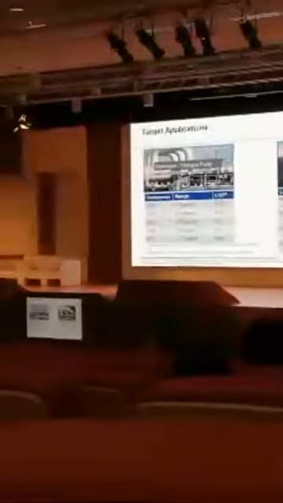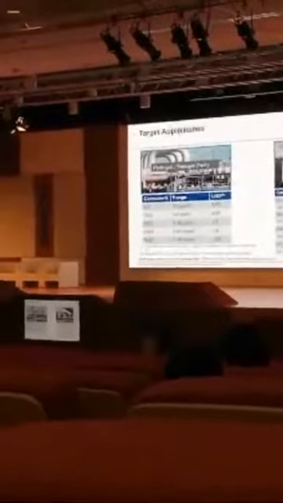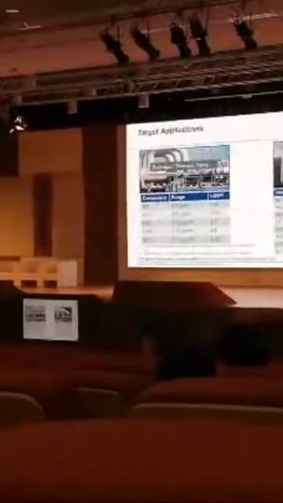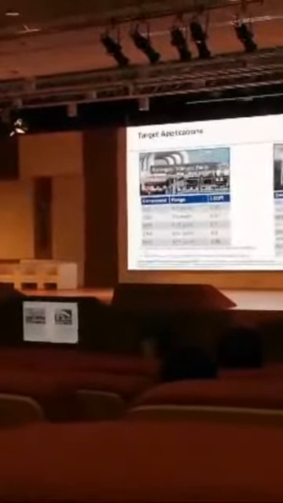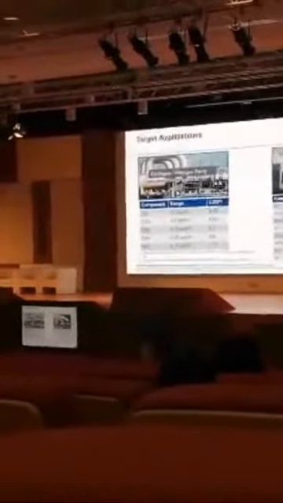Last but not the least, emission monitoring systems. Of course, it is becoming a norm that you may have to install continuous emission monitoring systems everywhere at all pollution sources. Now, the advantage of using a quantum cascade laser is that you don't really have to remove the moisture while doing the measurement.